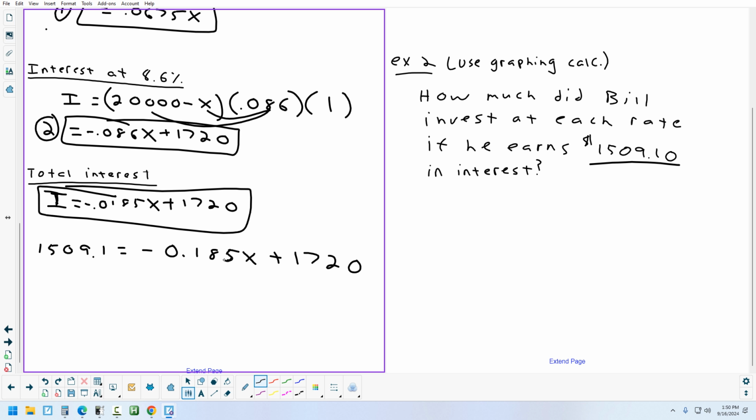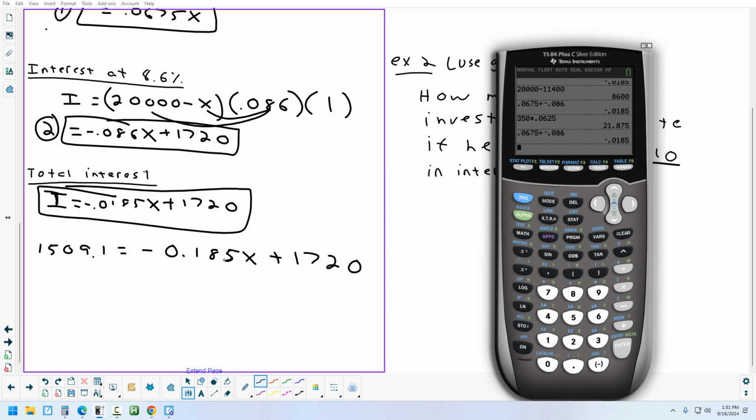Not that I couldn't do it algebraically, I just want to do it on the calculator. So we're going to do this one just like one we did last week. You're going to put the left side, $1,509.10, in Y1. You're going to take the right side and type that in Y2.